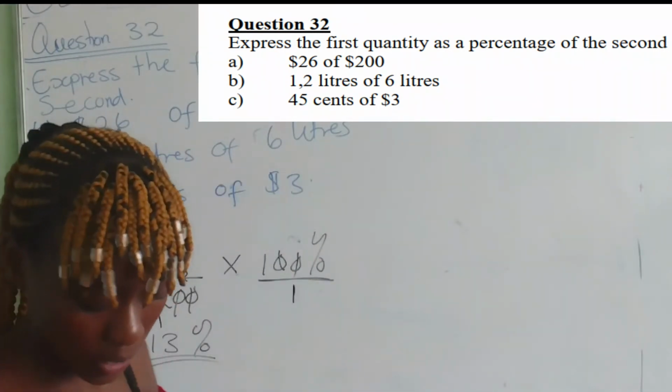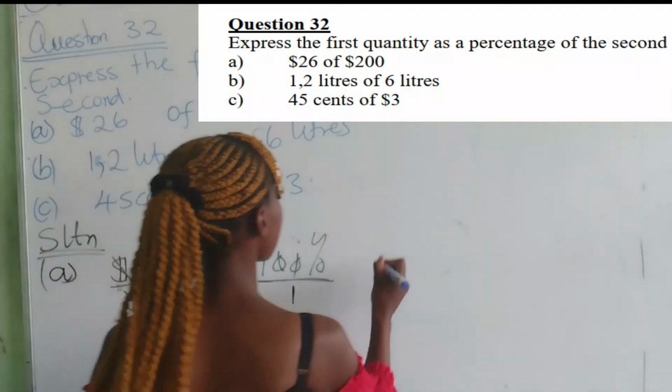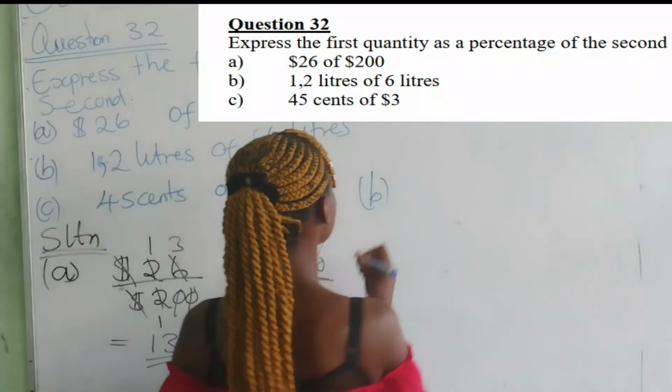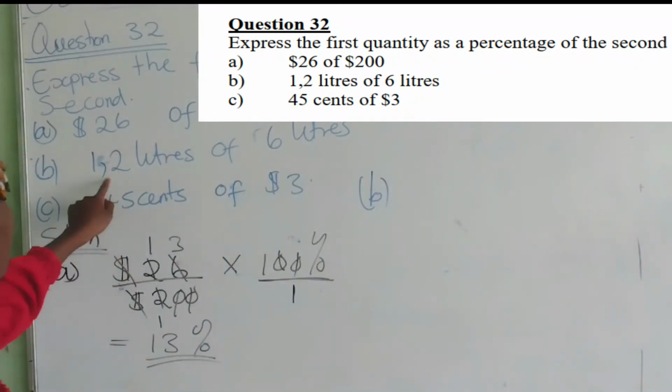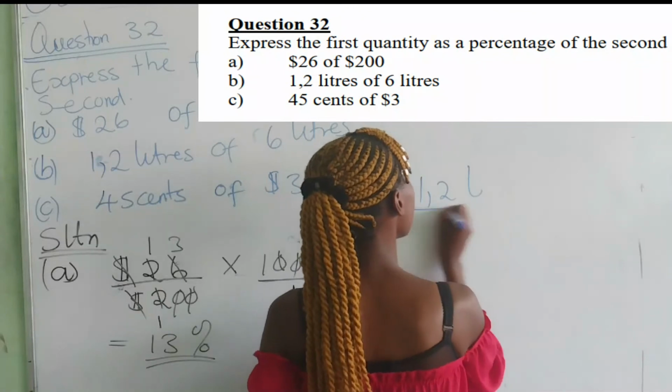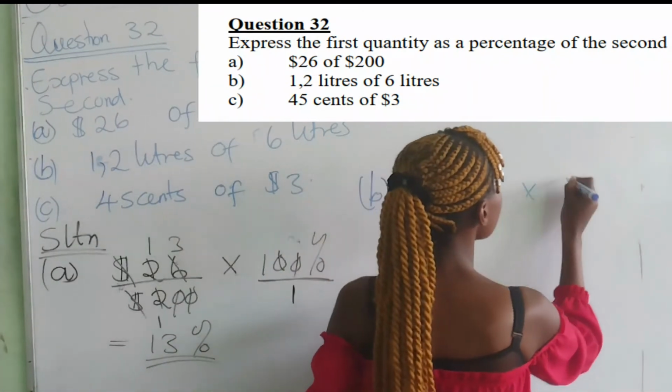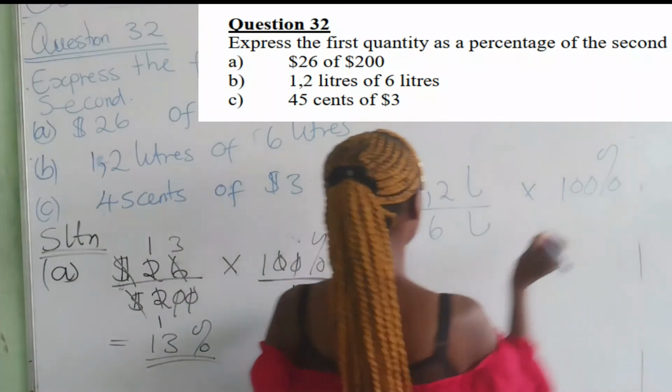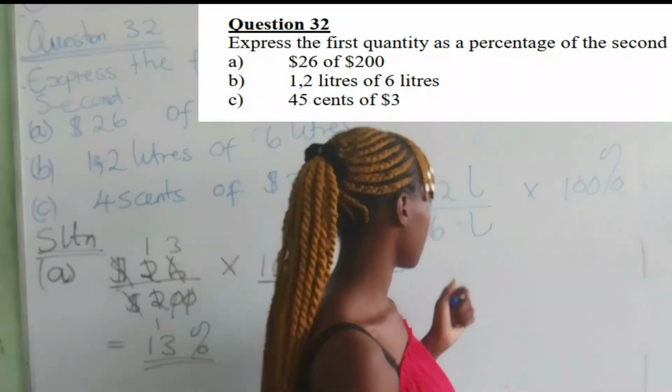Okay. For your part B, 1.2 liters of 6 liters is going to be 1.2 L over 6 L times 100%. Okay. We simplify and cancel.